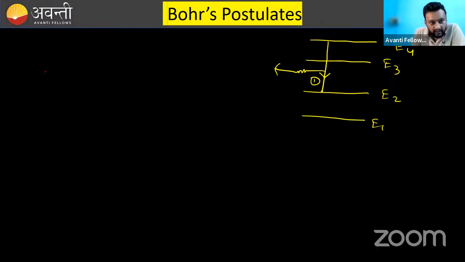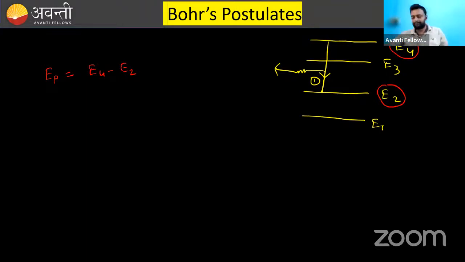So energy of photon, EP representing energy of photon, will be the difference of the two levels: it is starting from E4 and ending at E2. So that will be E4 minus E2. Is this statement clear?